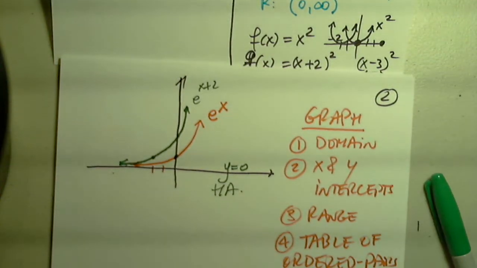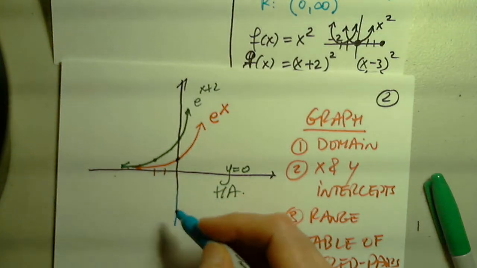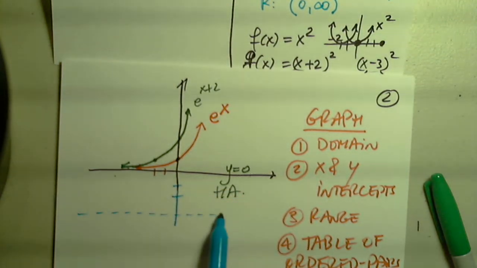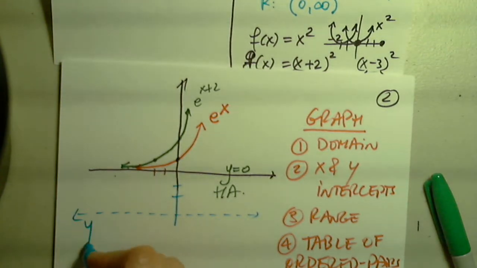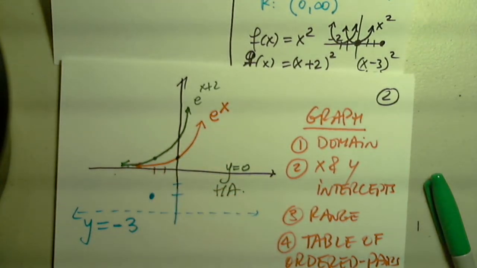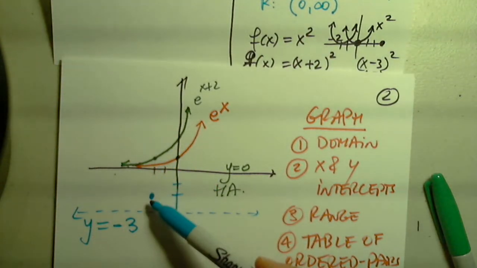Before I do that, let's draw the horizontal asymptote. It's not part of the graph, so it will not be a solid line. And I do know that this point is right here, no questions asked. Absolutely. 1, 2, 3.